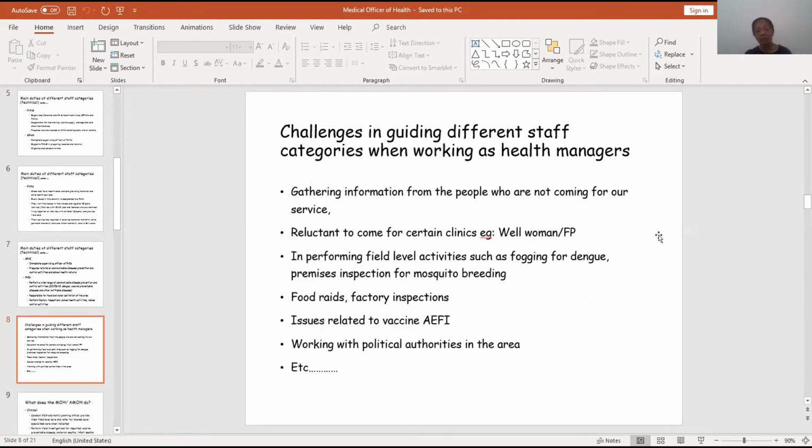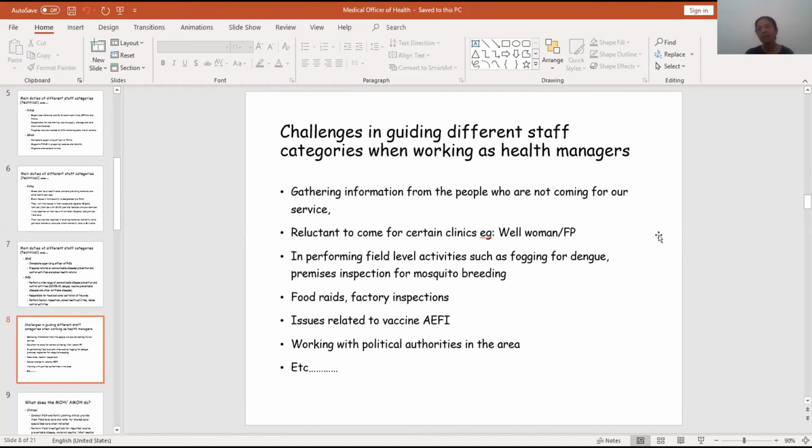Then there are a lot of challenges that emerge when we are guiding different staff categories. The national figures are generated from the data of the grassroots level workers. So we have to gather information in our area. It's very difficult to gather information from the people who are not coming for our service.